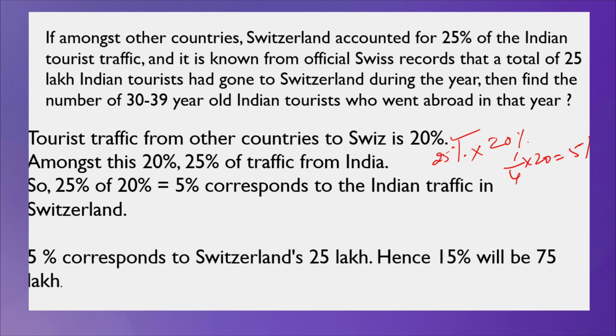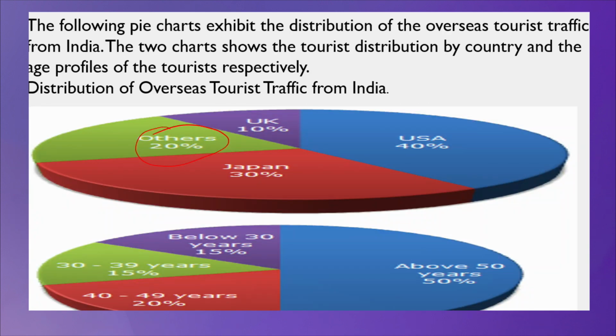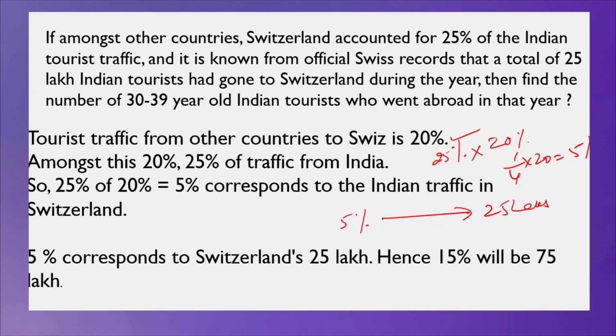So, what is the given number? 25 lakh Indian tourists visited Switzerland, so if it is 5%, its value is 25 lakhs, correct? Between 30 to 39 years, it is 15%. If 5% is 25 lakhs, then 15% is how much? 5 threes are 15, so 25 threes are 75 lakhs.